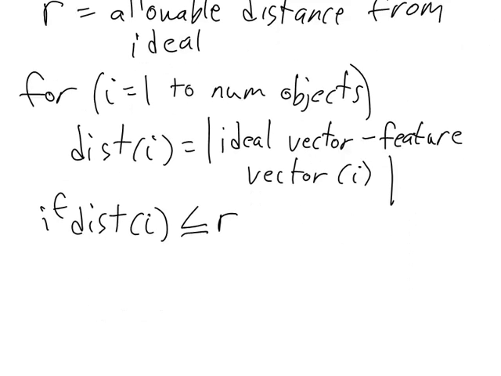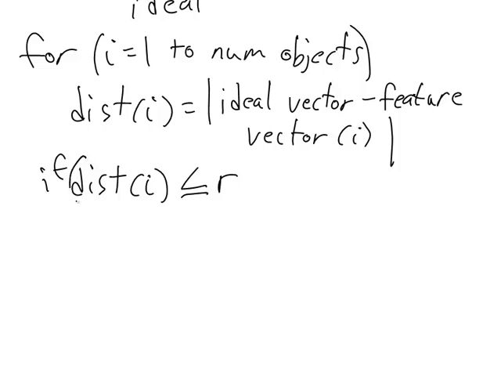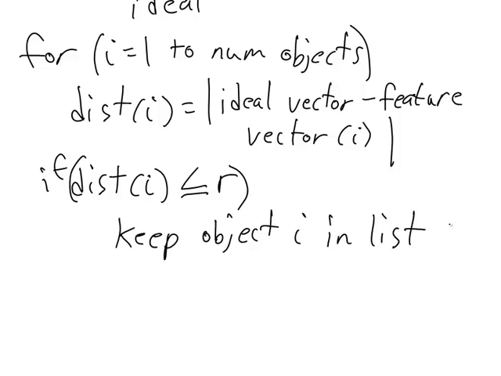If the distance is less than or equal to r, then we keep the object in our object list. Otherwise, we do not keep the object in the list.